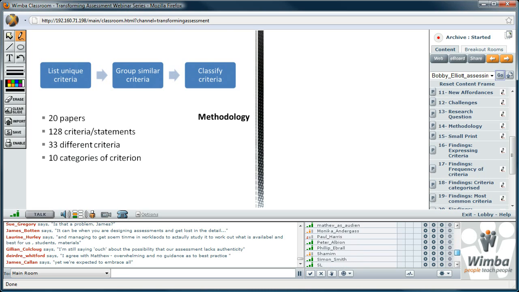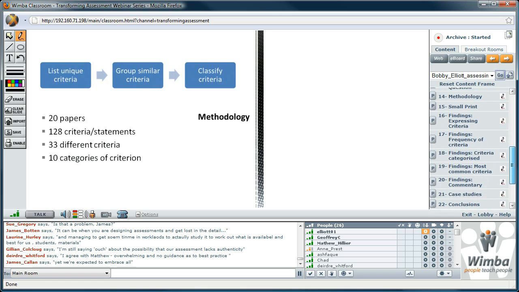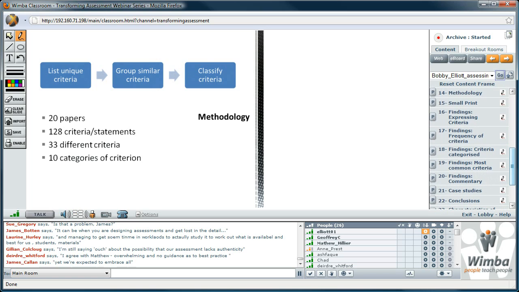So what I did was I extracted the 20 rubrics in those 50 papers. I discovered that within the 20 rubrics, there were 128 different statements or criteria. I should add that they were not always expressed as criteria.